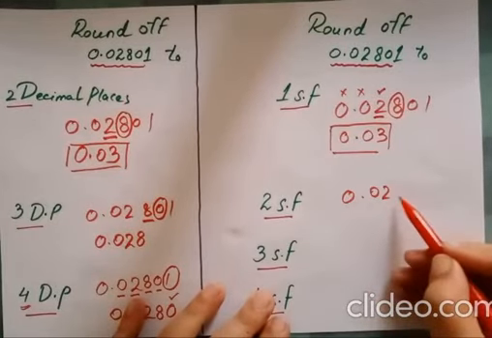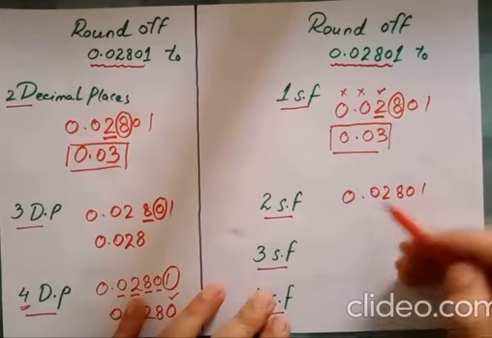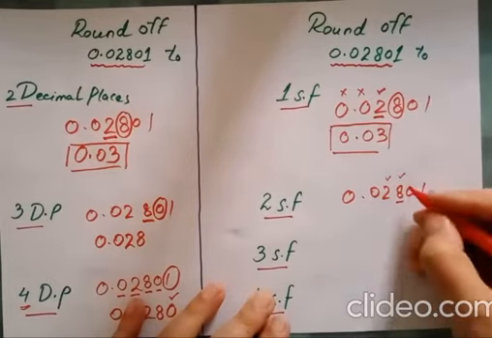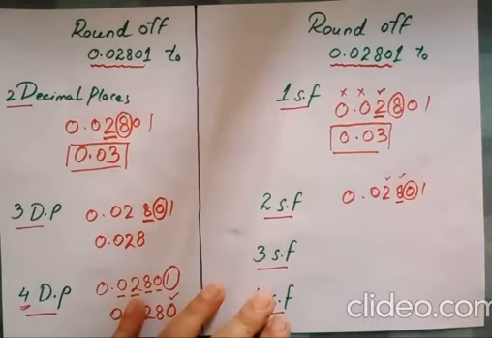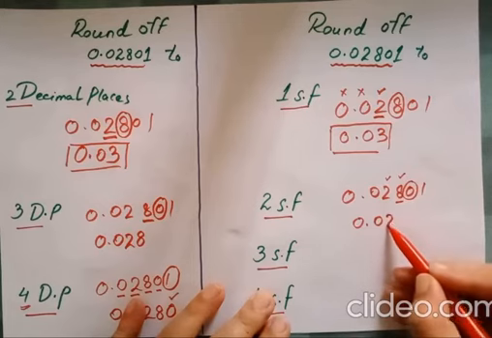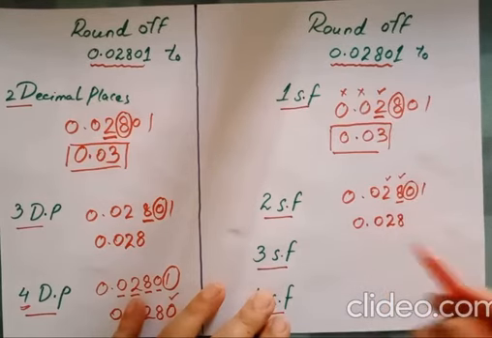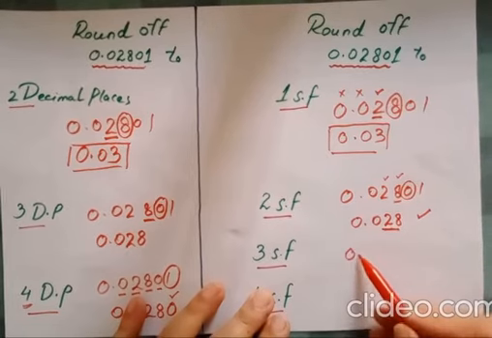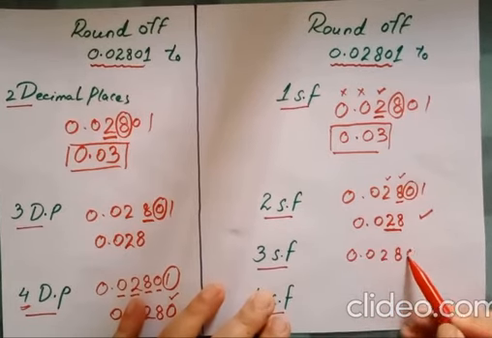Similarly for two significant figures, this is first significant, this is second significant, so till here I have to round it off and circle the very next digit to it, and 0.028. That's it. Two significant figures are here. Three significant figures, 0.02801.